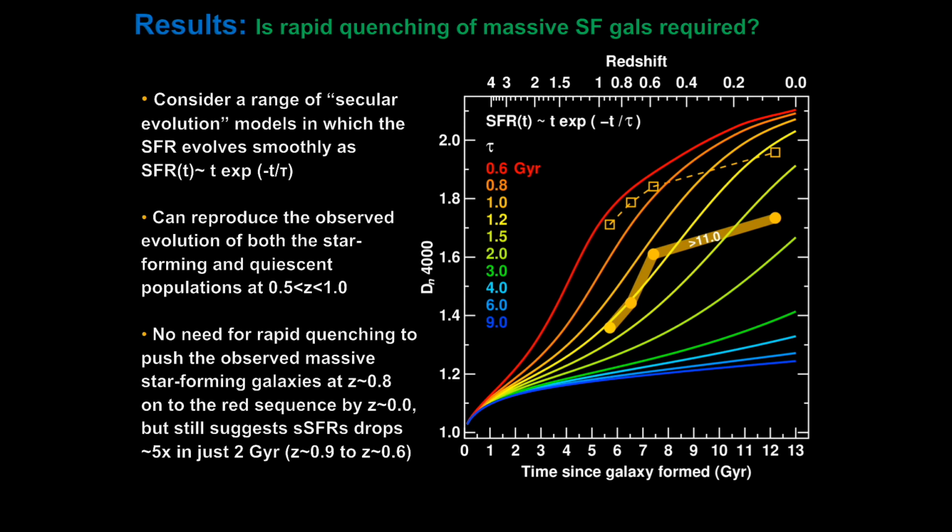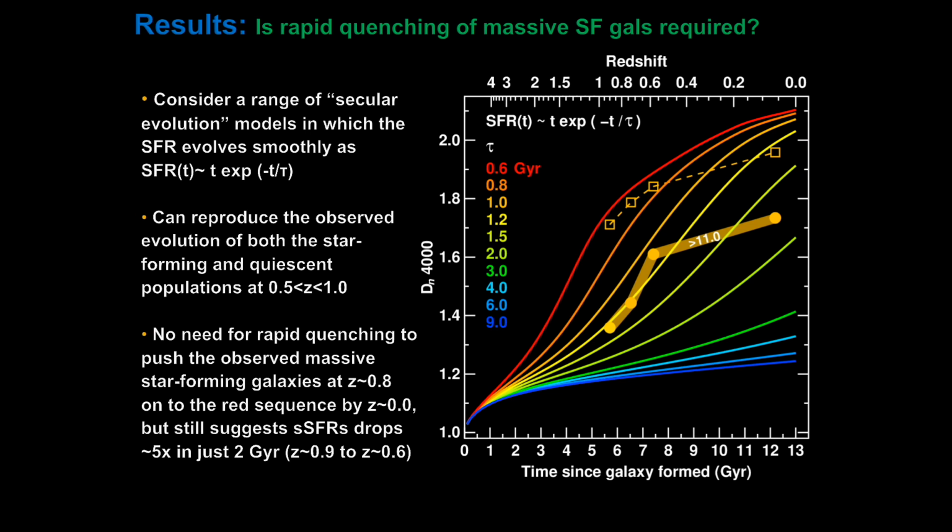The coloured curves instead show the D4000 evolution for a range of secular evolution models in which the star formation rate evolves smoothly as t times e to the minus t over tau, for timescales tau from 0.6 gigayears in red to 9 gigayears in blue.